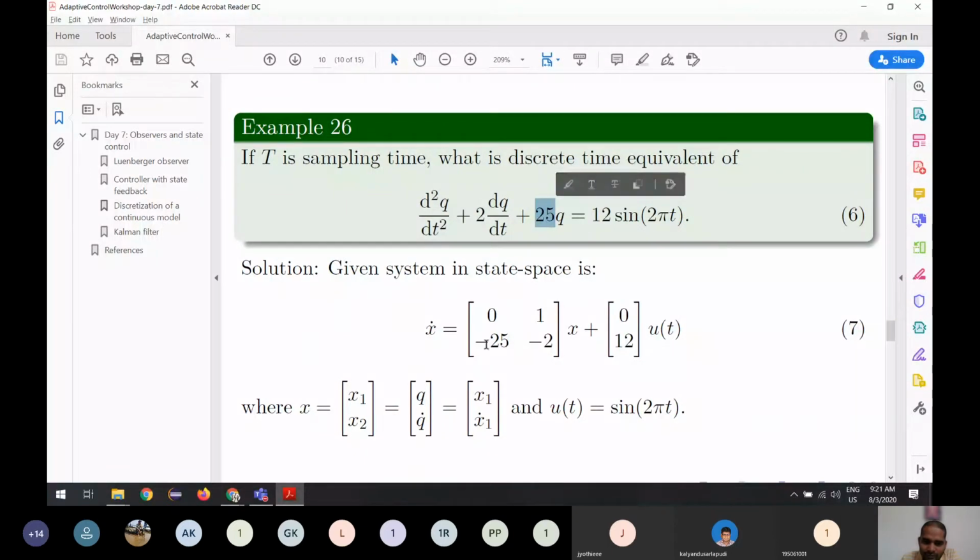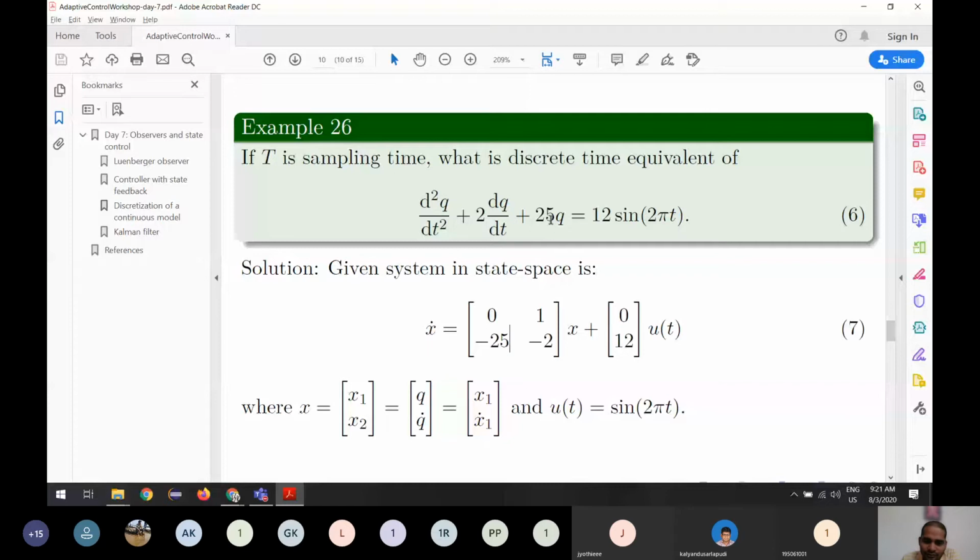So we get minus 25 here and minus 2 here.